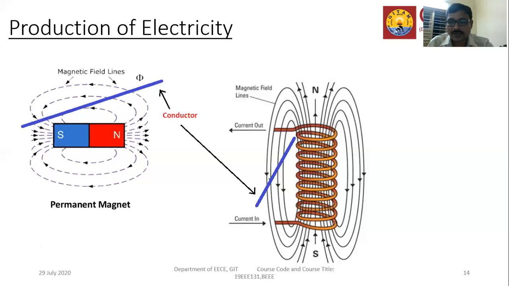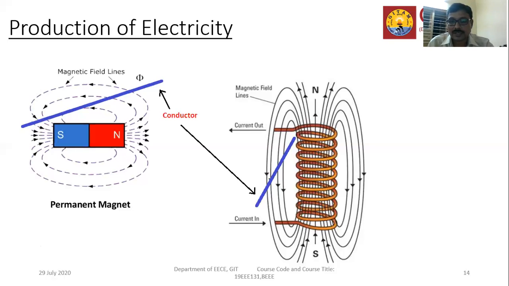When the first coil receives time varying current, it produces time varying flux, and this time varying flux links the conductors of the second coil, and there will be induced EMF in the second coil. That is the principle of transformer, and that is why I told you there are no rotating parts in the transformer. So neither the first coil nor the second coil will move.